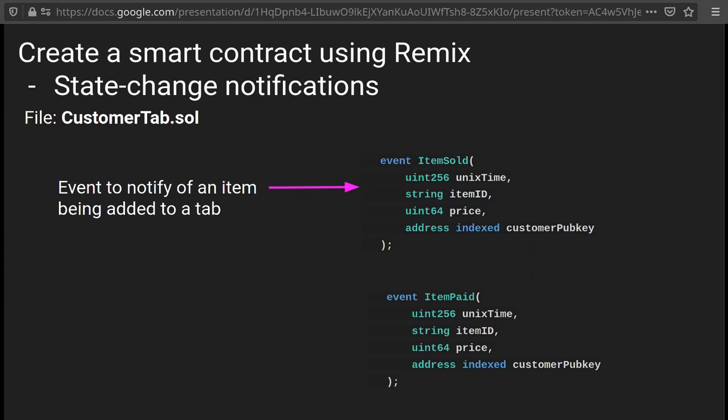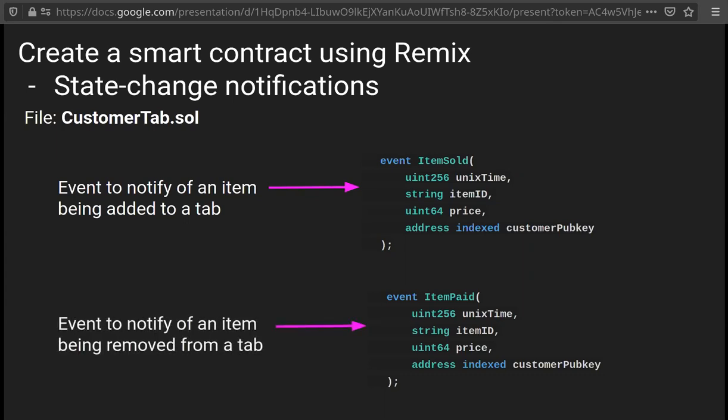You may only want to know when a particular person has bought something or sold something. If you want to filter on something in this data type, then you need to use this keyword indexed, otherwise you won't be able to. We have a very similar event called item paid, and it's just an event to notify when an item is removed from a tab.